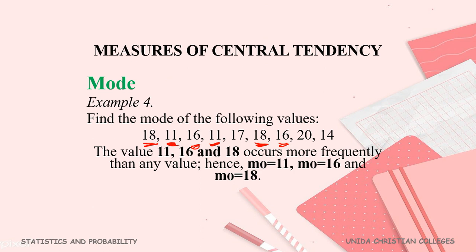The values 11, 16, and 18 occur more frequently than any value. Hence, our mode will be 11, 16, and 18. So, what type of mode? O, ilan ba ang mode mo? 3. So, 11, si 16, tsaka si 18. So, therefore, it is a multimodal. Okay? And that is for the mode.